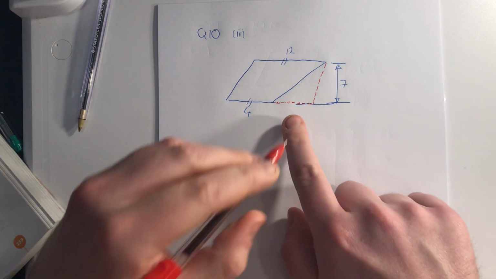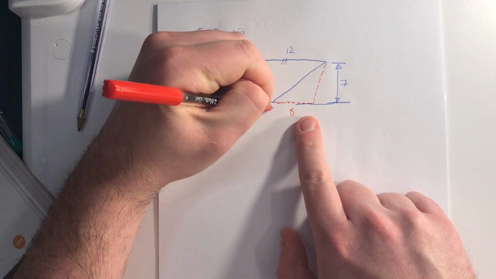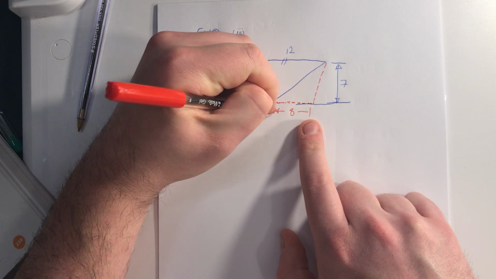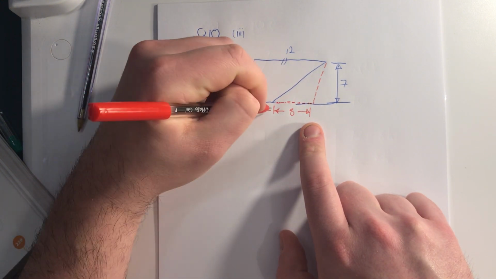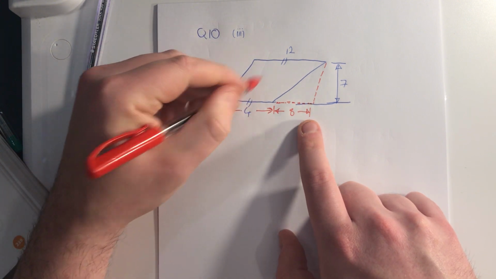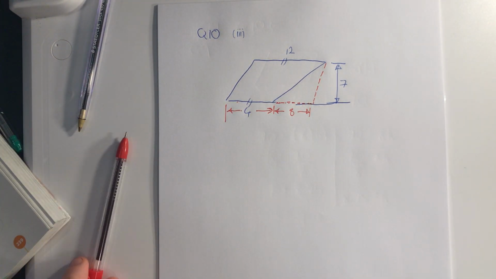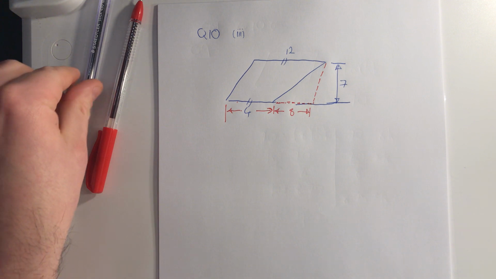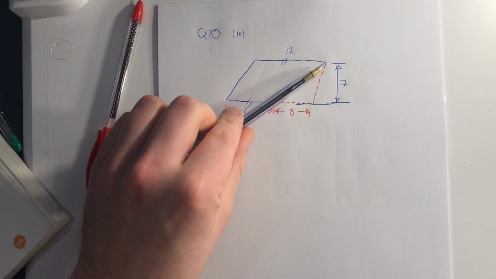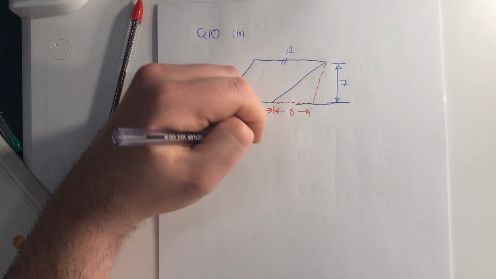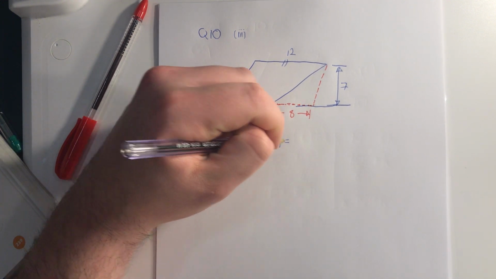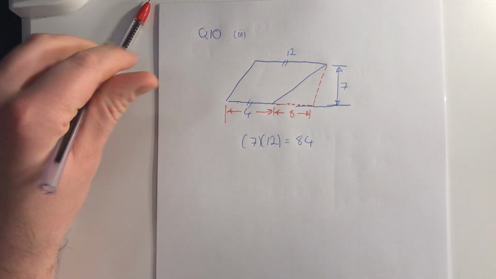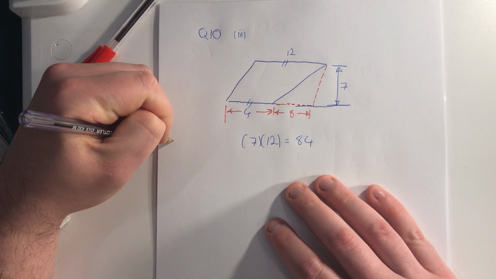Now, that red distance there, that must be 8, because in a parallelogram, the opposite sides are equal. So the overall area of that new parallelogram is 7 times 12, which is equal to 84. So let's call that the big area.